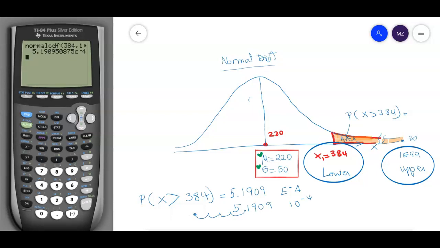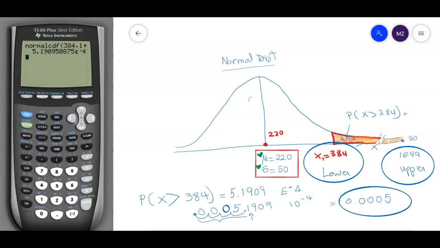Any empty spots will be zeros. Then you want to round this to 4 decimals, so you take the first 4 and round up. So the final answer, this probability, is equal to 0.0005. This is the answer you are looking for.